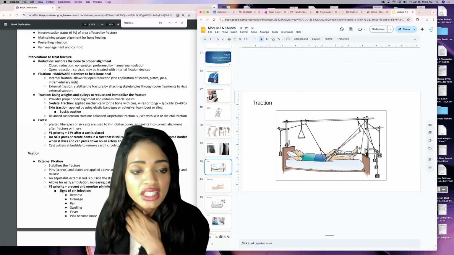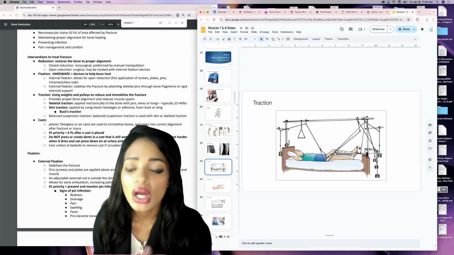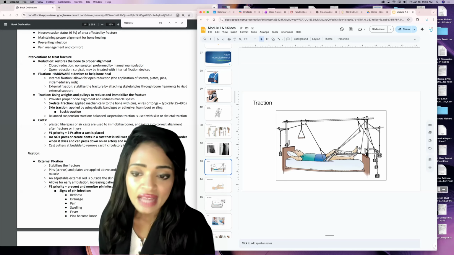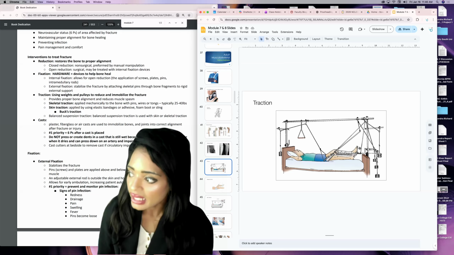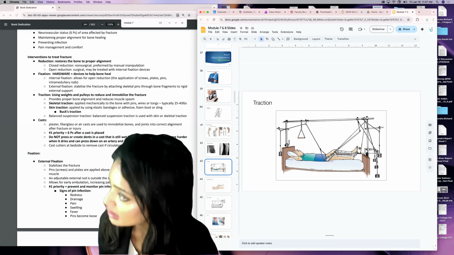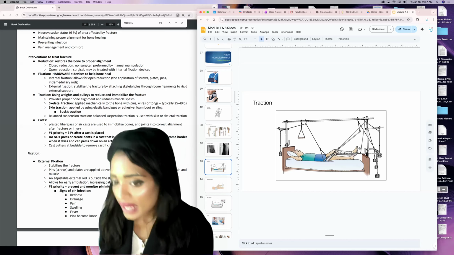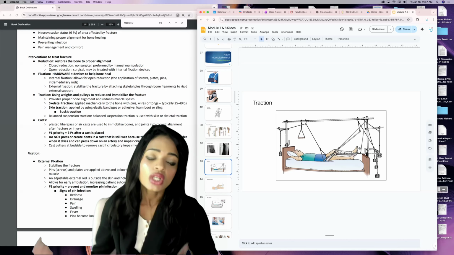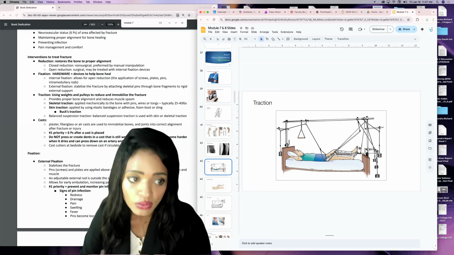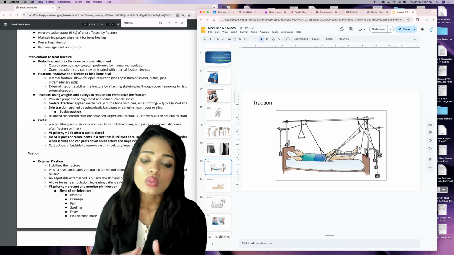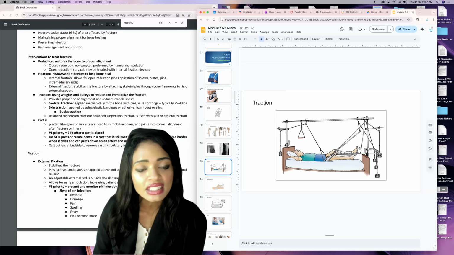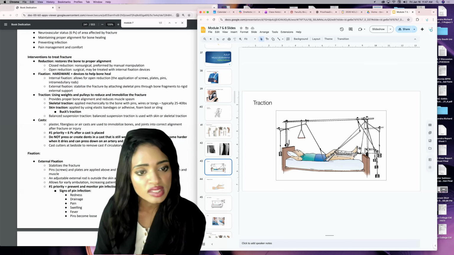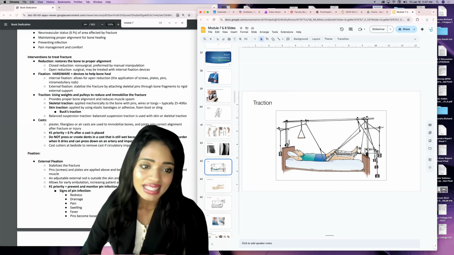One of the major causes of pain after a fracture, besides what caused it, like the fall or the car accident that caused a lot of painful trauma, is that when bones are out of alignment, the muscles start spasming to try to bring the bones together themselves, but they can't.